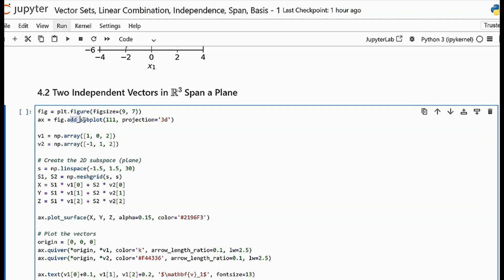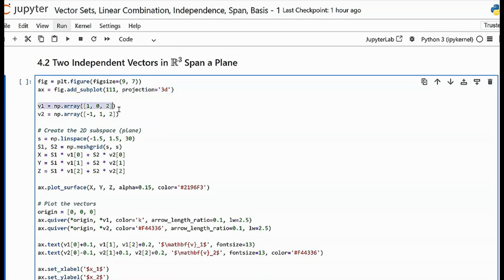Here we are going to add a subplot, though it is a single subplot only, we enable 3D projection. Here we have two vectors v1 and v2, both three-dimensional, and these vectors are linearly independent, not scalar multiples.